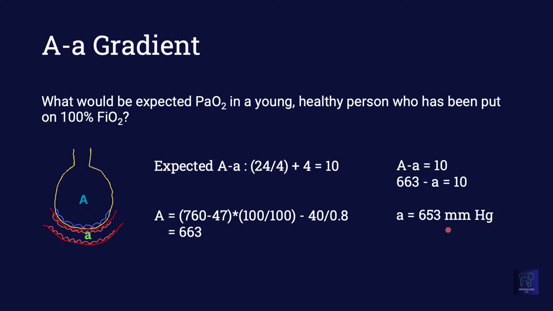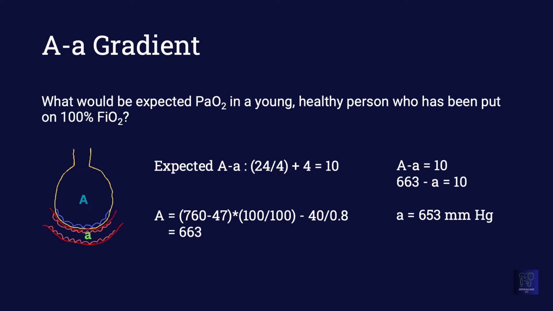Now, if you have a blood gas and you know how much oxygen the patient is on, then you will know the partial pressure of oxygen, you will know the percentage of oxygen, you will know the CO2, and assuming the respiratory quotient is 0.8, you will know the big A and you will know the small a based on the blood gas.